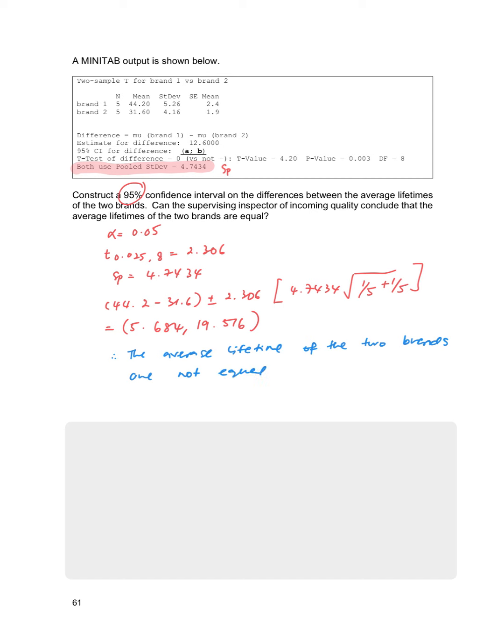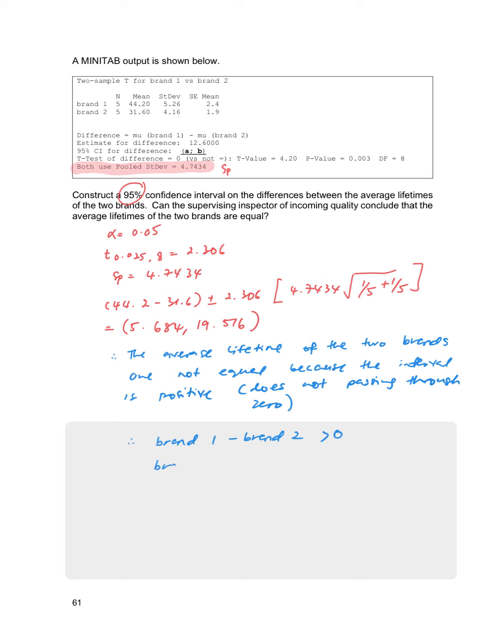Why not equal? Because the interval is positive, ataupun does not pass through 0. Okay, so meaning that brand 1 minus brand 2, kita dapat value dia positif, greater than 0.